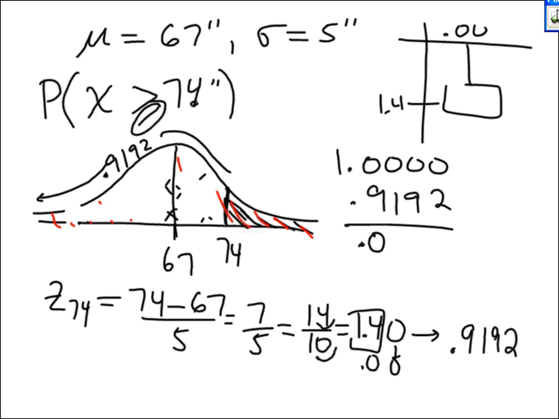And that answer is 0.0808. Okay, so the probability that if you randomly select a 12th grade student their height is greater than 74 inches is 0.0808. A little bit more than 8% of the students will be bigger than 74 inches.